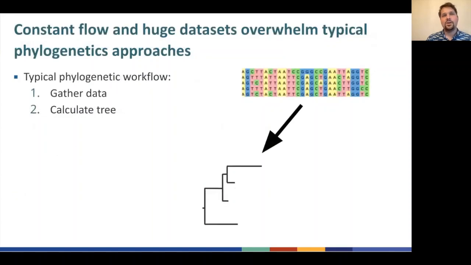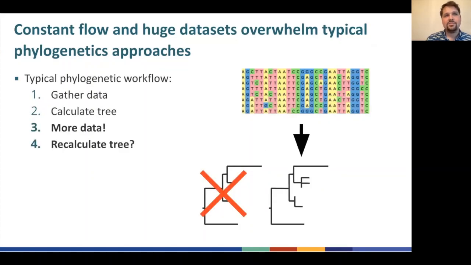Before I get into how UShER works and why it's so fast, let me walk you through why a pandemic is challenging for a typical de novo phylogenetics workflow. For a simple illustration of how phylogenetic trees are inferred from molecular sequence data and a description of their parts, be sure to visit Module 1.3 of this toolkit. The way this typically works is that a user accumulates their dataset, then infers a phylogeny.